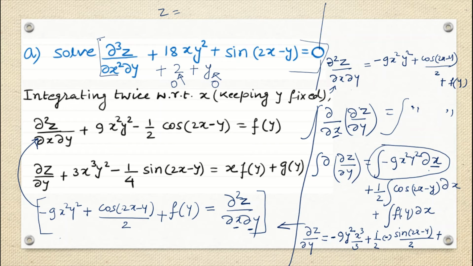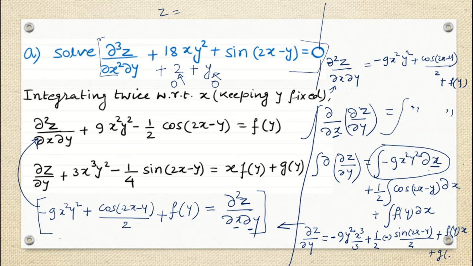Okay, now plus integration of fy del x, that means fy is some function with respect to y only, that means this is nothing but the constant. So this is your fy only, and integration of del x will give you x, correct? Plus I have to add the arbitrary function. The arbitrary function should have a different name, because fy already is given, so I'm just now adding gy.